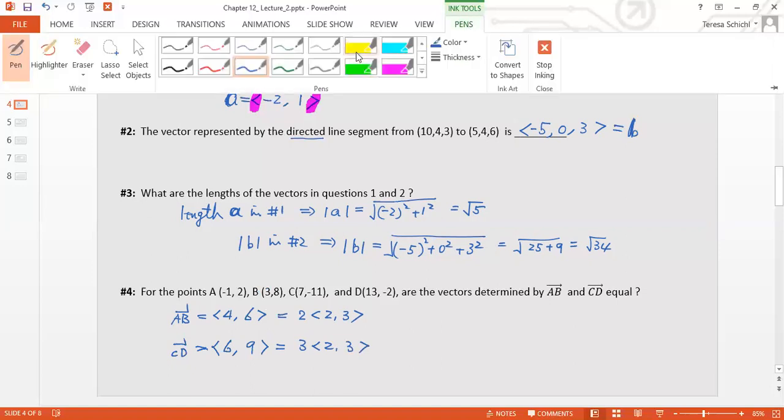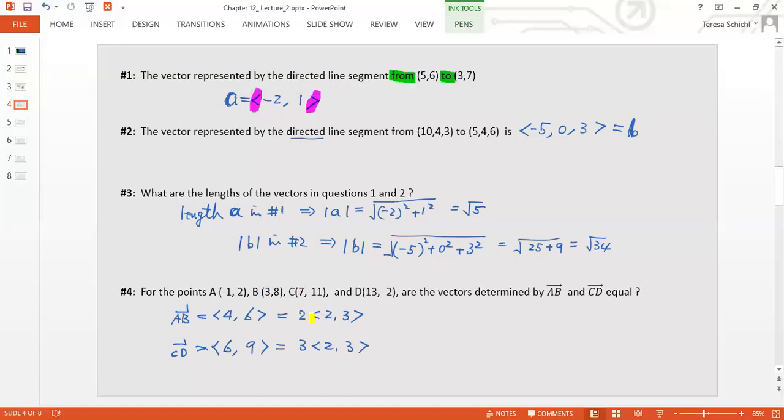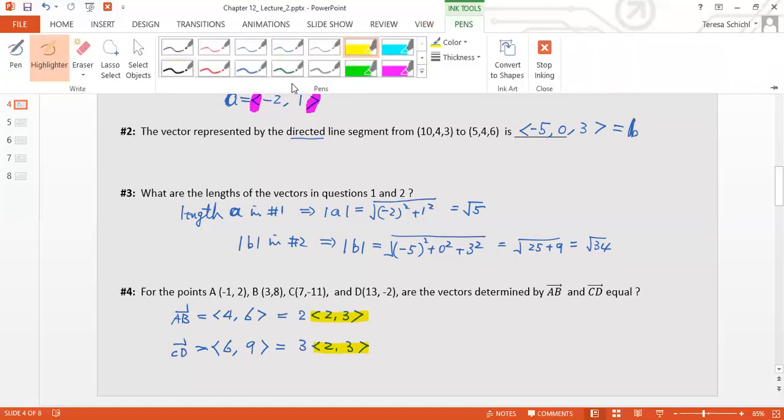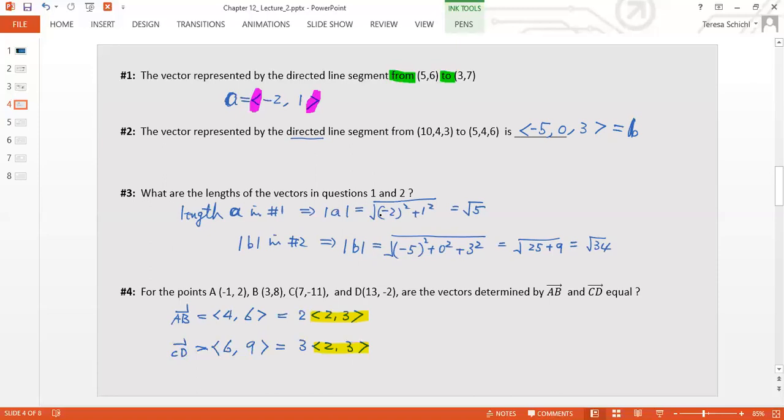Wow, so you see the vectors AB and CD are the same vector, just times a different constant. So are they the same vector? If two vectors are to be the same, they have to have the same direction. Do they have the same direction?